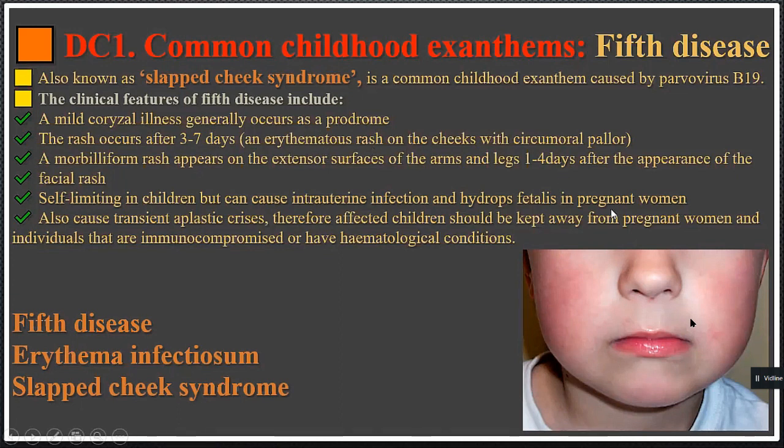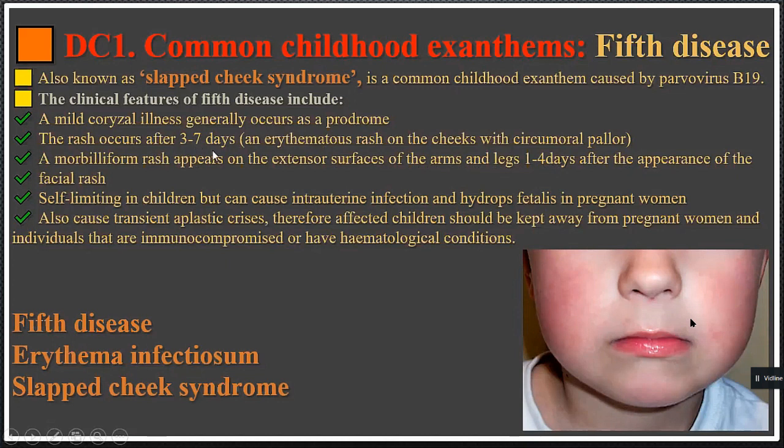Erythematous rash on the cheeks with circumoral pallor. A morbilliform rash appears on the extensor surfaces of the arms and legs, 1 to 4 days after appearance of the facial rash. So the rash on the cheek comes 3 to 7 days, and regarding the arms and legs, 1 to 4 days after the facial rash.